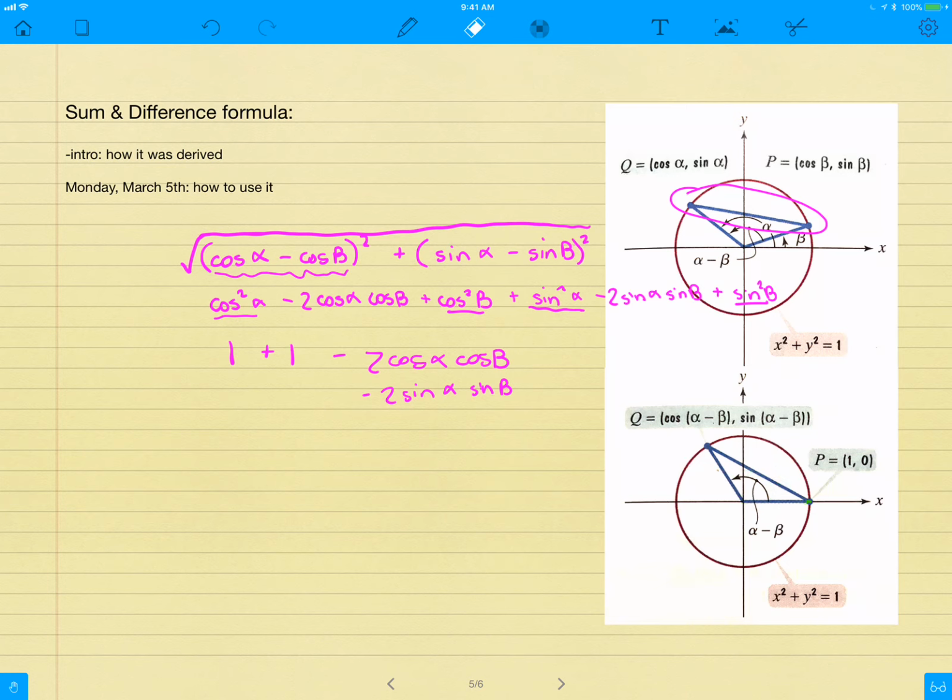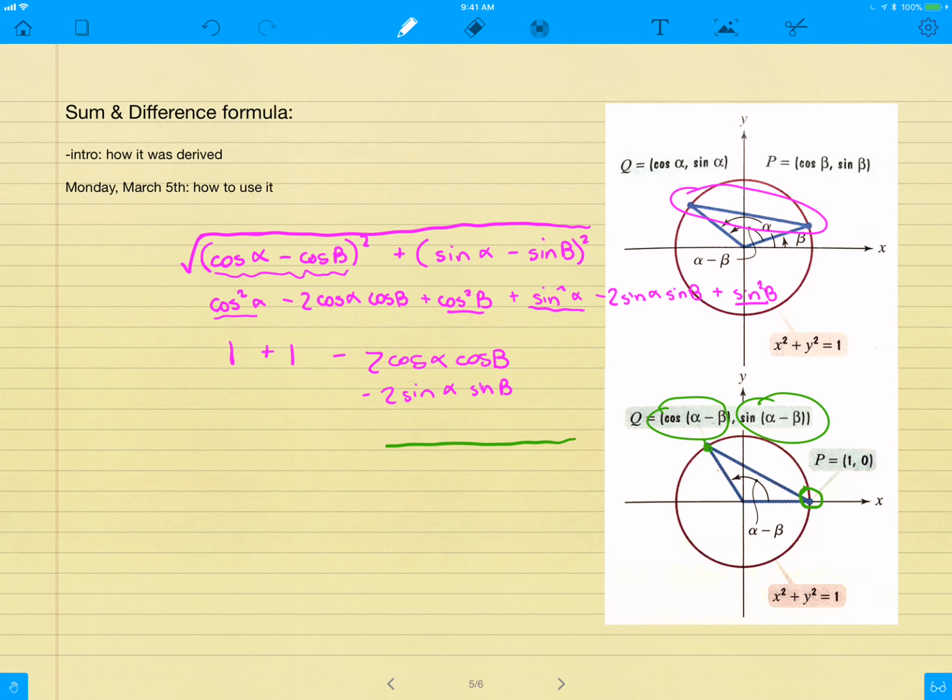That's important because it changes the actual values here. This first coordinate is now not cosine beta and sine beta; it's now 1, 0 because they put it right along the x-axis, so it's a nice, easy number. The other ones are more complicated. The first coordinate for this dot up here in the corner is cosine of alpha minus beta, because they've rotated the picture, so it's not just alpha anymore. Now we can find the distance between these.